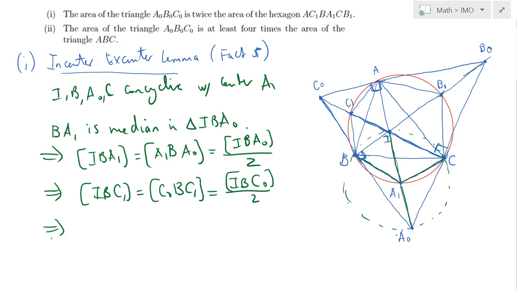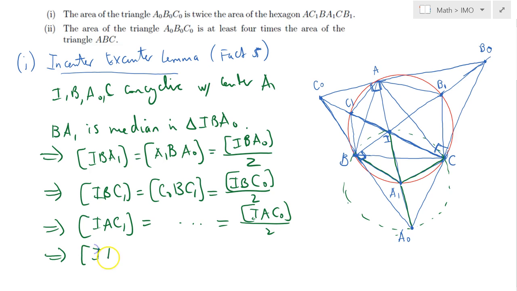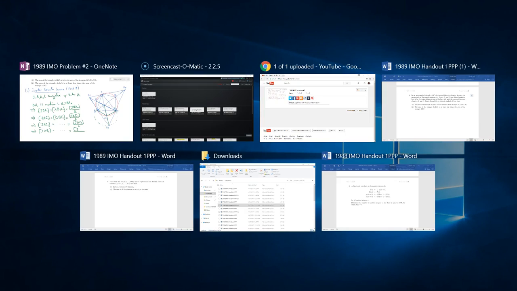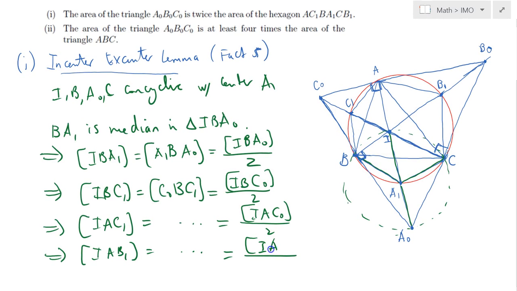And I will just cut it short now. So you can even combine it now. So it is obvious therefore that the area of IAC1 is simply equal to half of the area of IAC0, and IAB1 is equal to half of the area of IAB0, so IAB0 over 2, and we have two more.